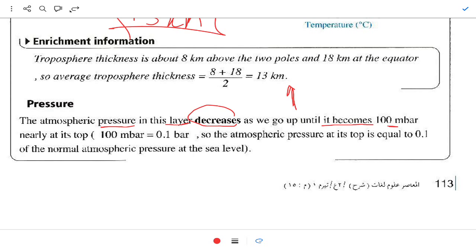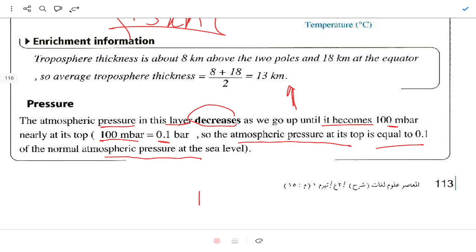So 100 millibar is the pressure on the top of the troposphere layer. 100 millibar equals 0.1 bar, so the atmospheric pressure at its top is equal to 0.1 of the normal atmospheric pressure at the sea level.